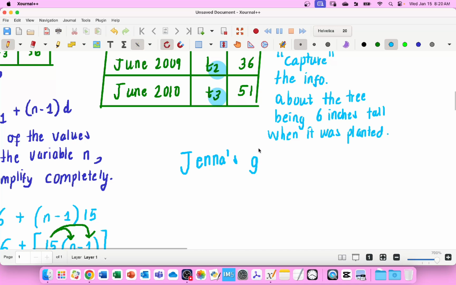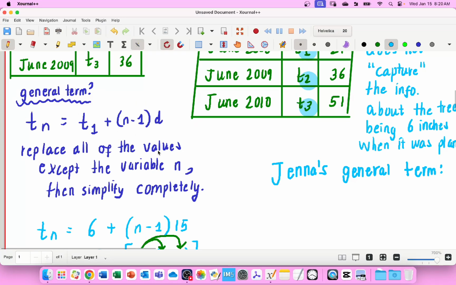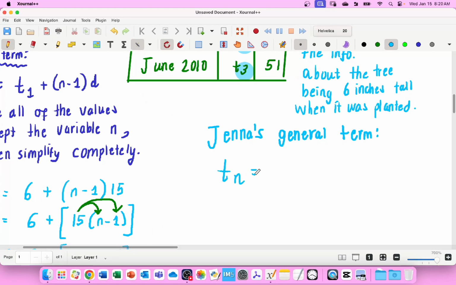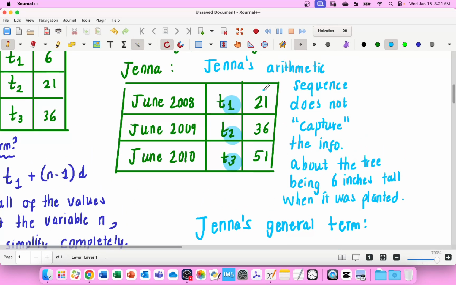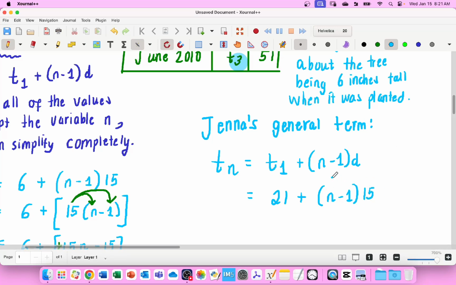Jenna's general term. So we want to do the same thing where we take that original equation, but we replace all the values except the variable n, and then simplify completely. So Tn equals T1 plus n minus 1 d. Tn equals, Jenna's set up the sequence with the starting point of 21. And again, the common difference is 15.